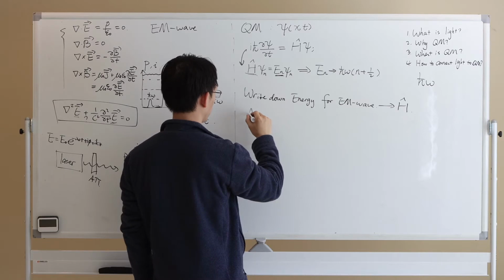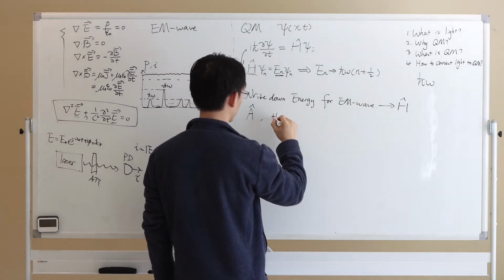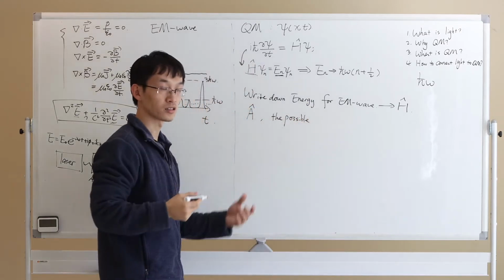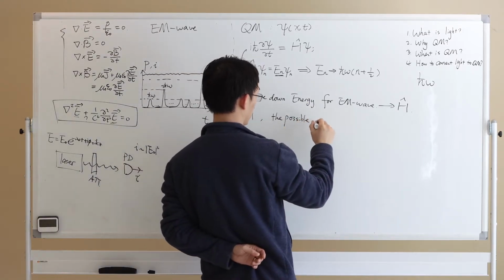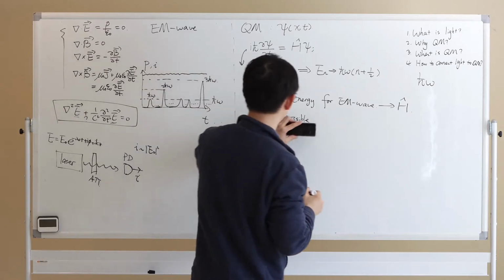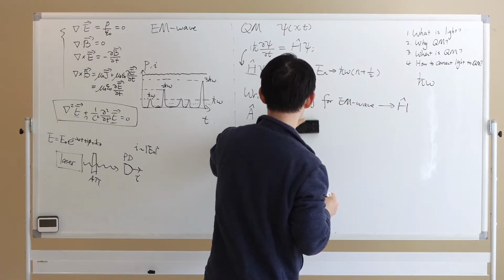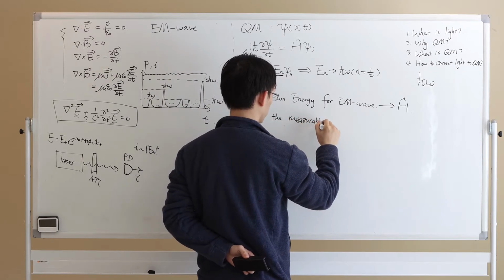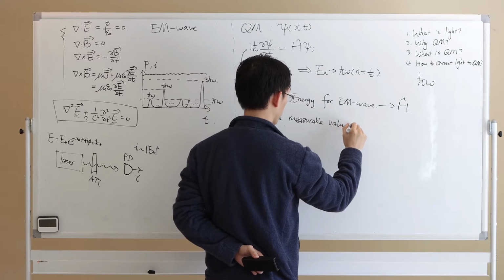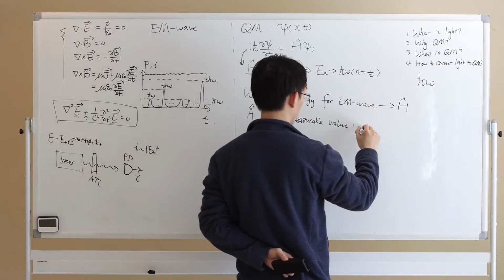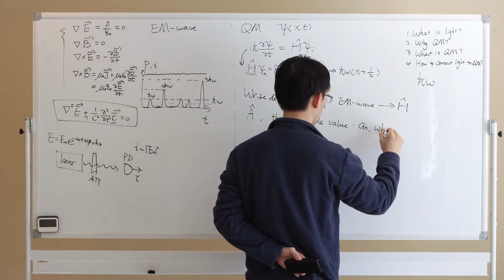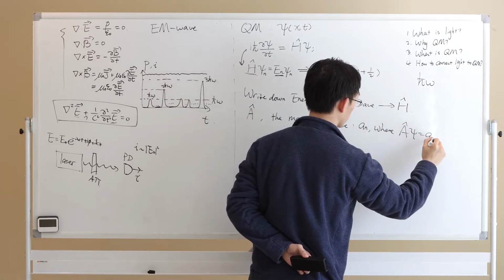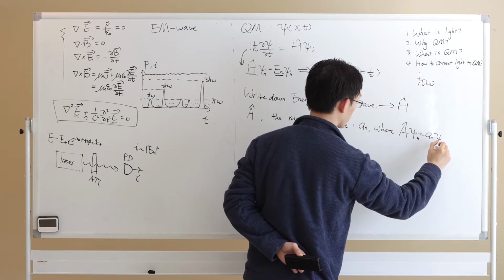for an operator A, the possible or the measurable value in an experiment is a_n, where A ψ equals a_n ψ, right?